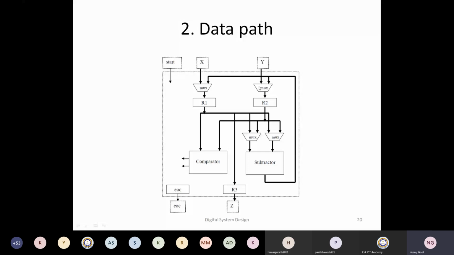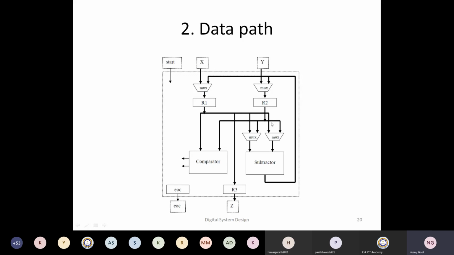The next thing is we also require comparison. This comparison will always be done using x1 and y1, so basically R1 and R2. So it doesn't require any mux. But for subtraction, sometimes you would be subtracting R1 minus R2, sometimes R2 minus R1, based on the comparator output.